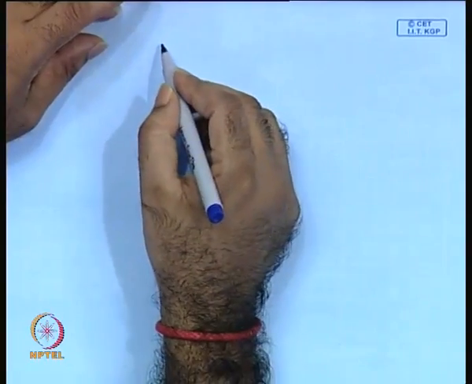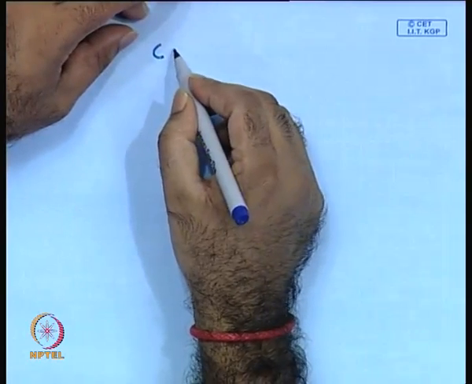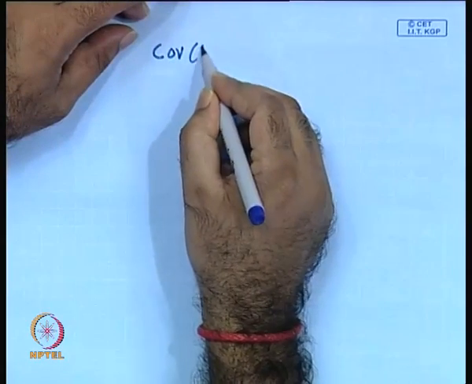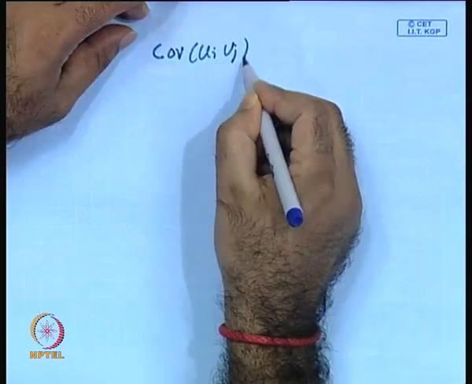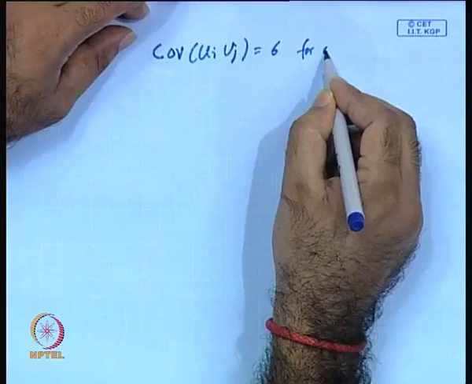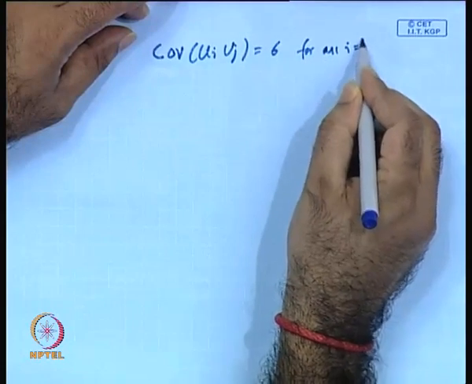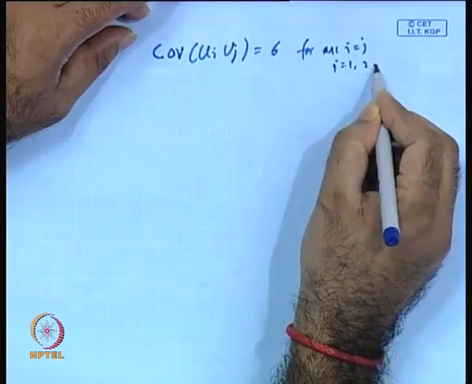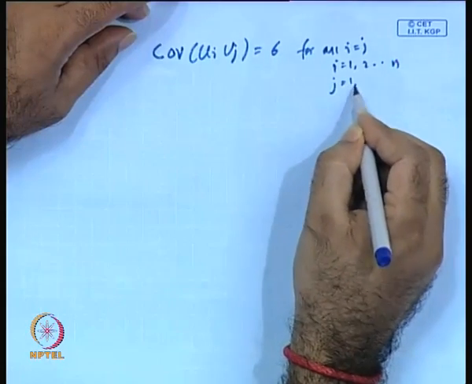So one of the conditions we have cited is that covariance of ui uj equals sigma square for all i equal to j, with i equal to 1 up to n and j equal to 1 up to n.